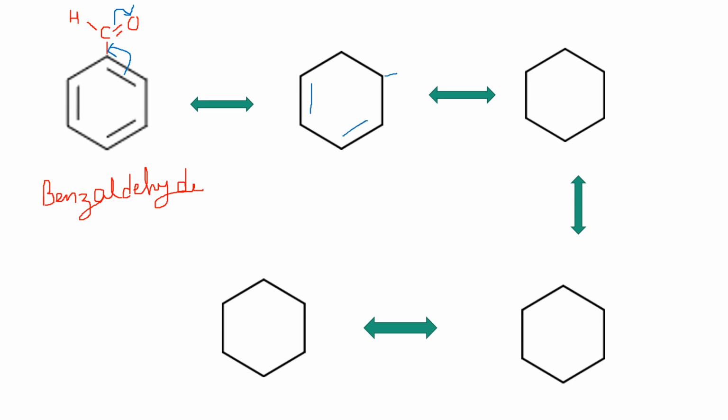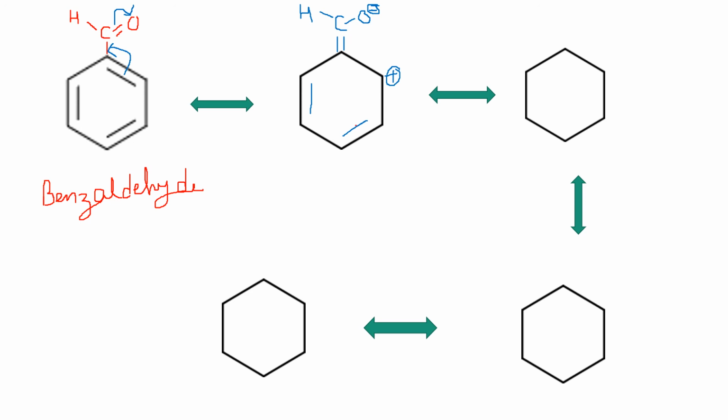Here you get a positive charge because the pi electrons are shifting here to give rise to a double bond. Carbon, H as it is with a single bond, and you have oxygen with a negative charge now. Show the negative charge here.